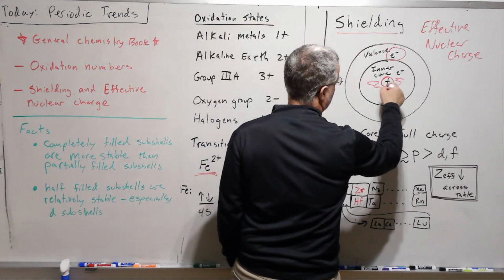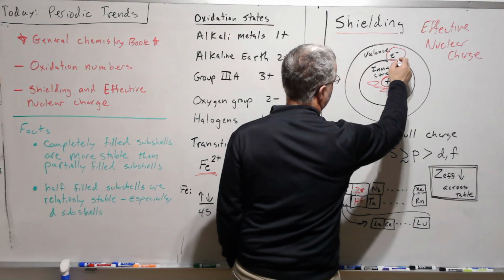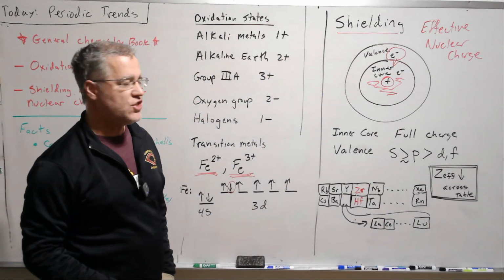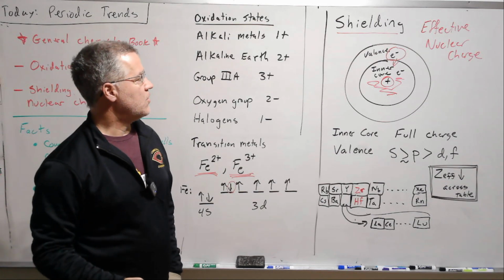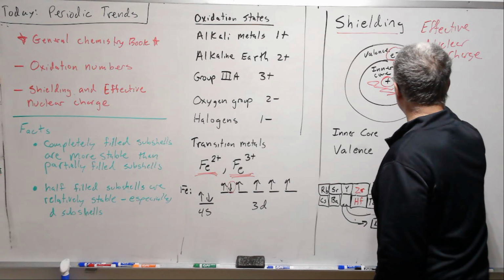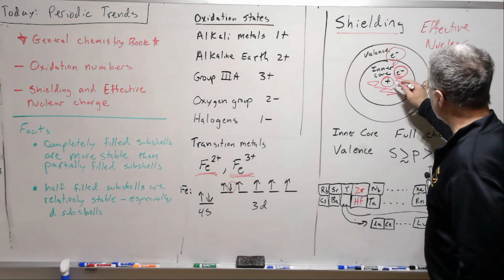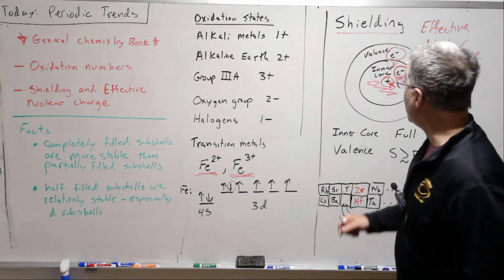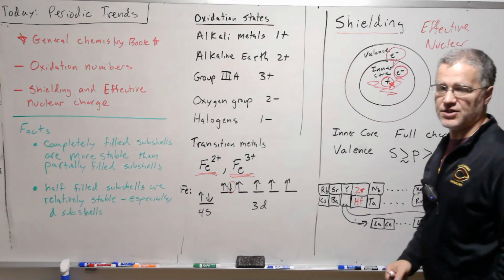This charge, there's a lot of positive charge at this nucleus, but the inner core electrons shield that completely. So 1 for 1. So for every electron that's in the inner core, that will cancel out 1 proton in the nucleus as far as this one is concerned.